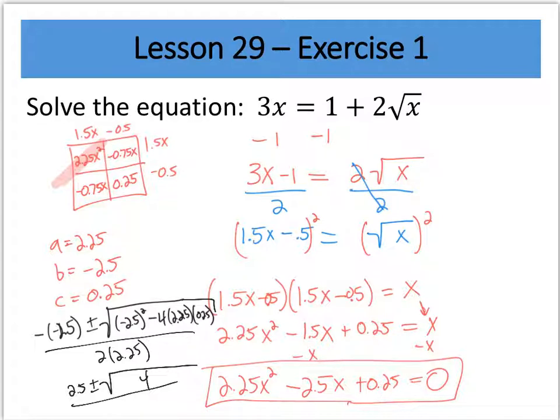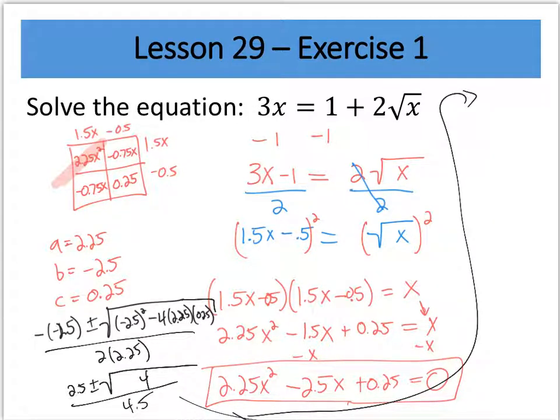And 2.25 times 2 is going to be 4.5. And we get 2 answers. So 2.5, the square root of 4 is 2 over 4.5. So I get the 2 answers, 2.5 plus 2 over 4.5, and 2.5 minus 2 over 4.5.